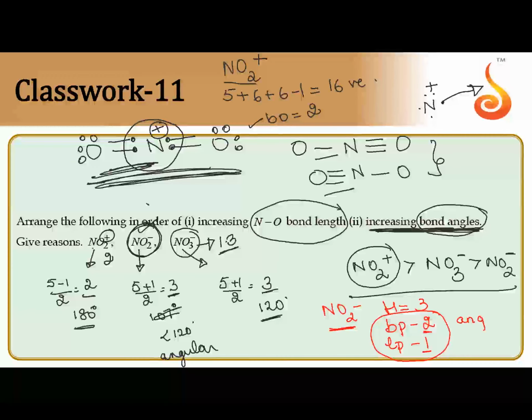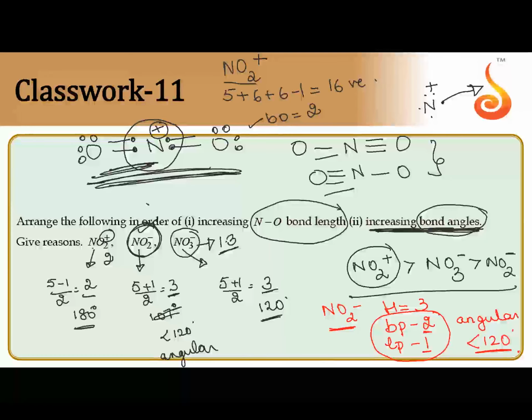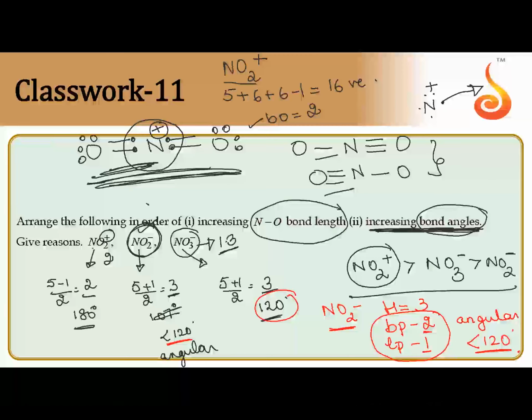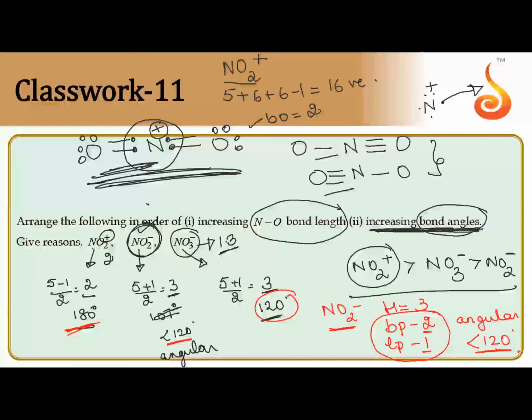Angular. When you have all three bond pairs, it is 120. But now you are having angular, meaning less than 120. So this much if we know, it is enough. Because this is 120, this is less than 120, and this is 180, we can compare. And approximately it will not vary much. It will be around some 115 to 120 region. So approximately we can say that is the bond angle.